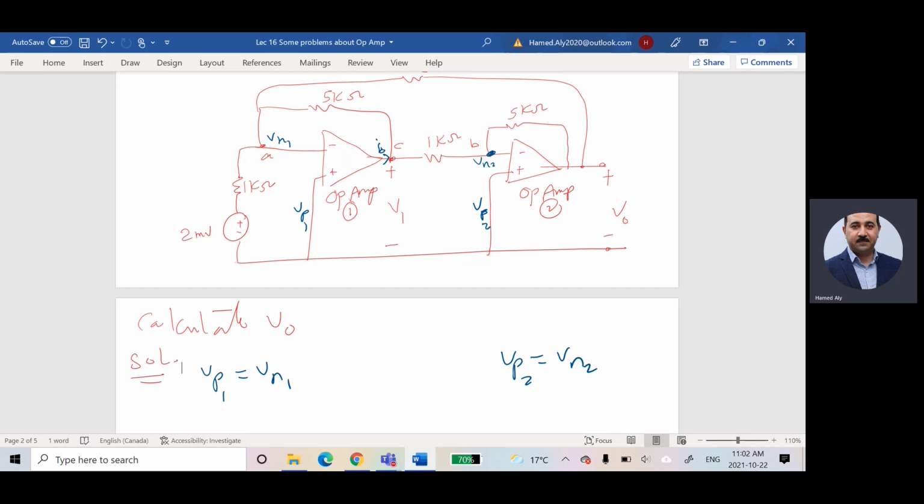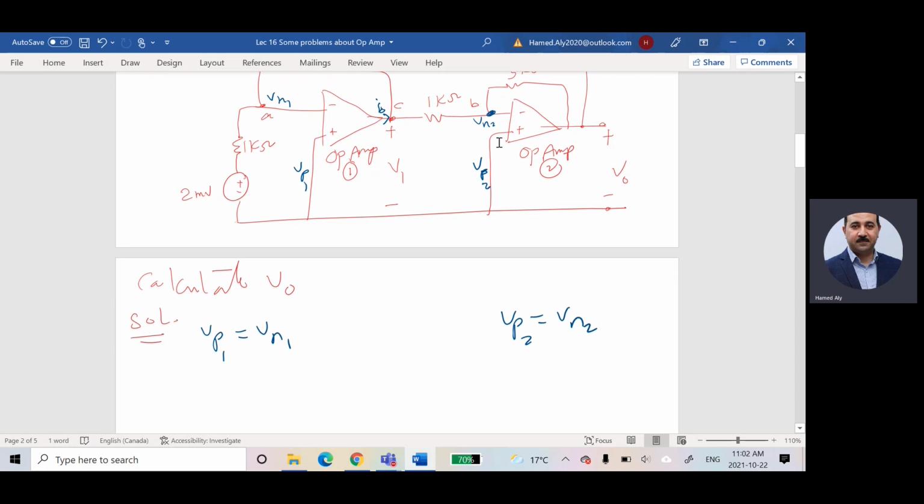My question right now, what is the value of VP1 here in that circuit? It's 0. What is the value of VP2? Yes, VP2 also is equal to 0, because it is the voltage across this wire that doesn't have any resistor.